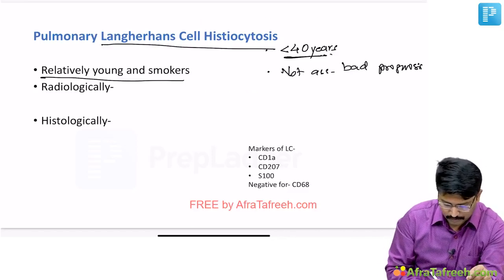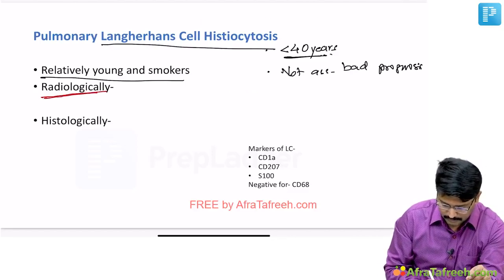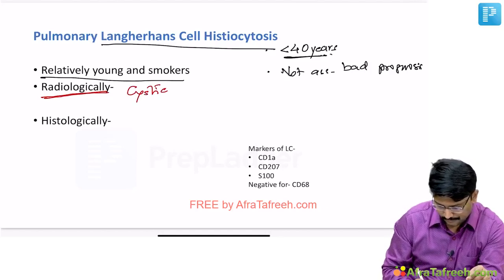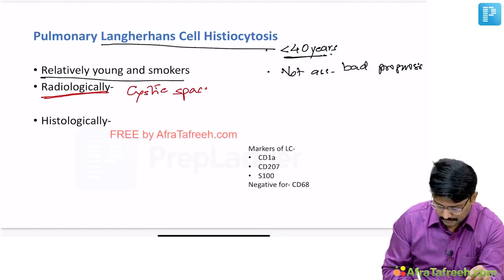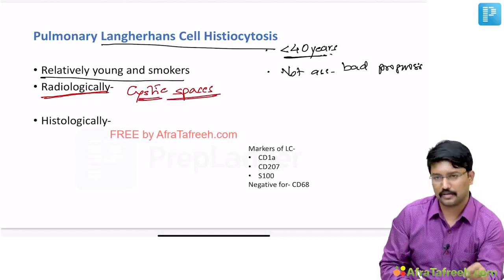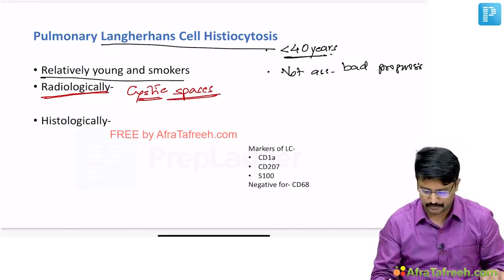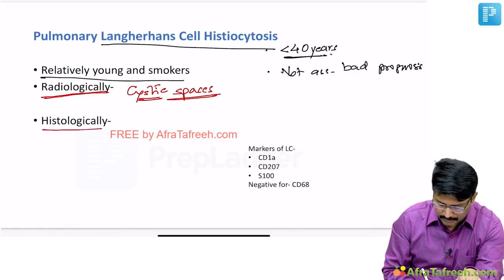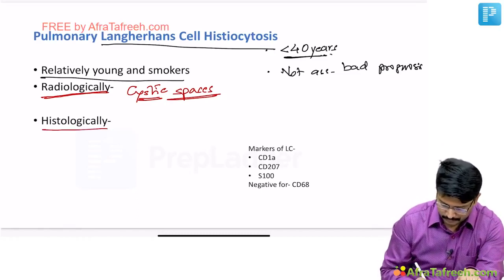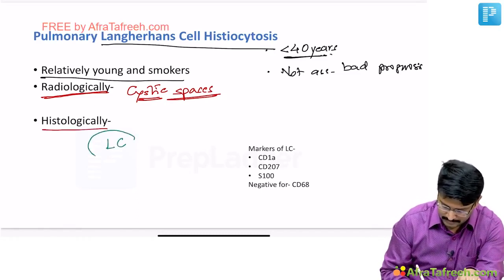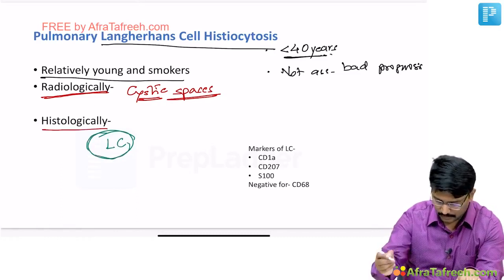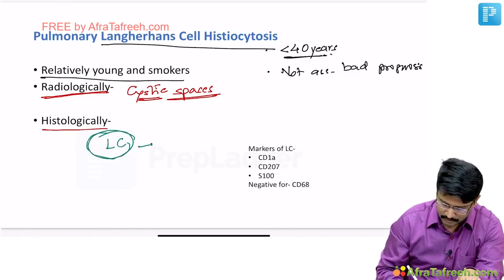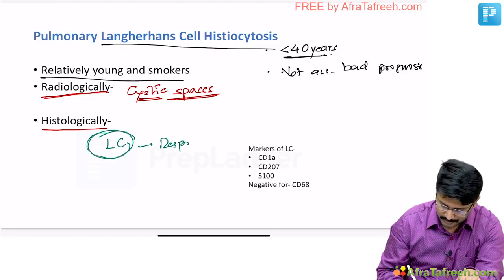Okay. The radiological hallmark of this entity is cystic spaces or cystic dilatation of airway architecture. Histologically, we see infiltration of Langerhans cells. This infiltration is usually around respiratory bronchioles.